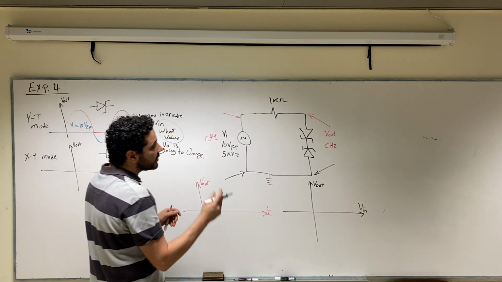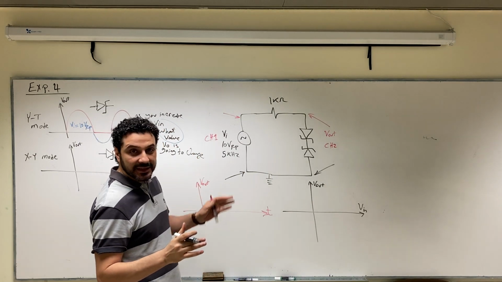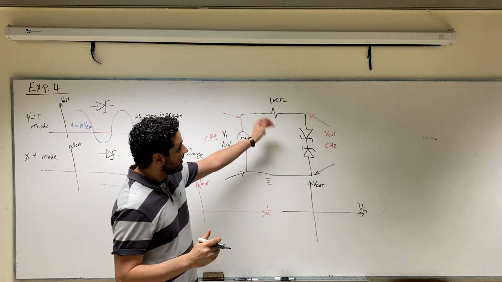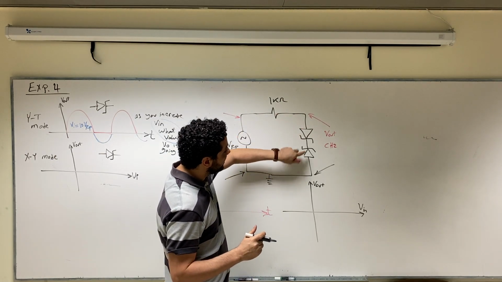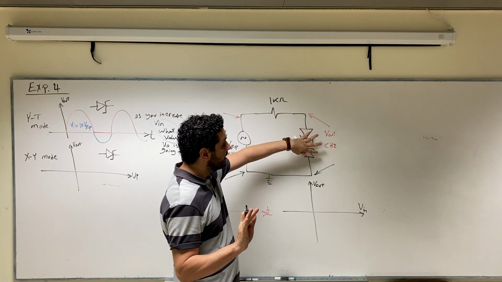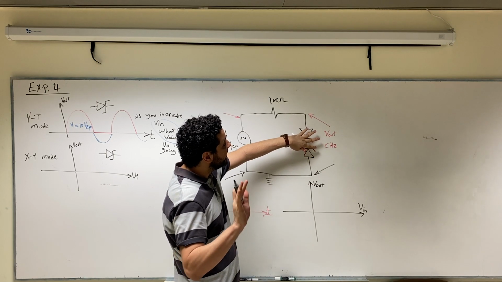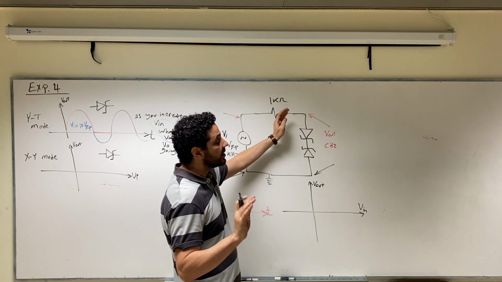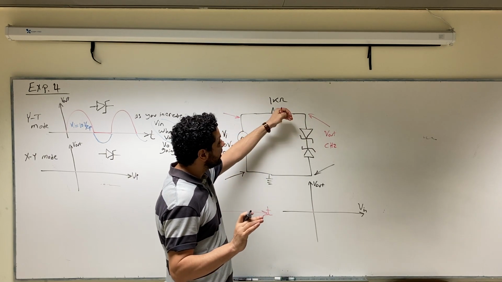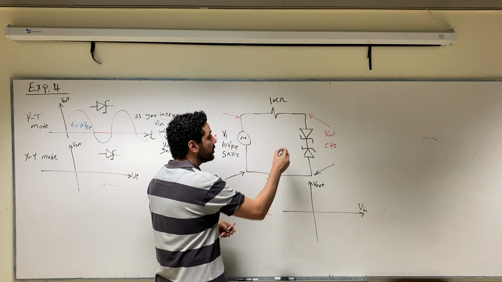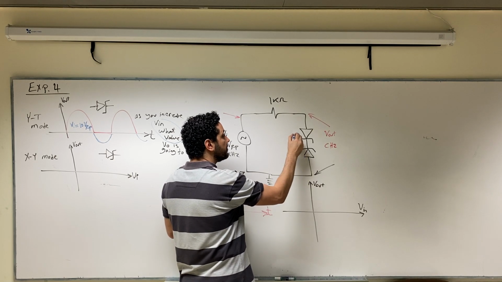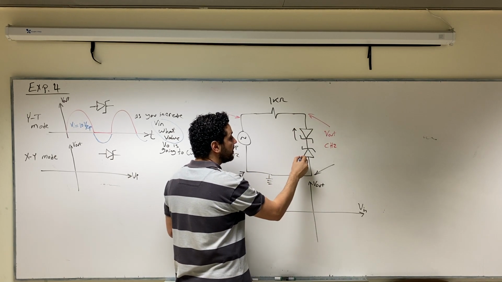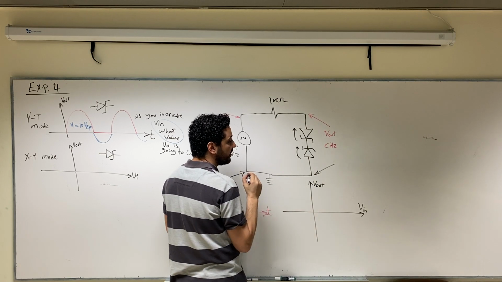Of course, I believe you studied this circuit in the course, and you know that this branch is going to be open circuit most of the time, unless the input voltage is enough to operate this diode in the forward region and break down the other diode, right?